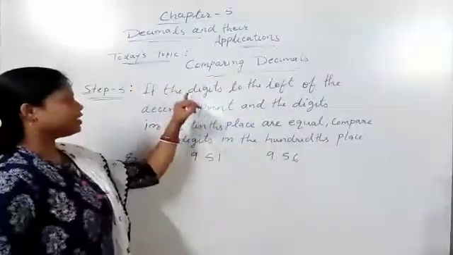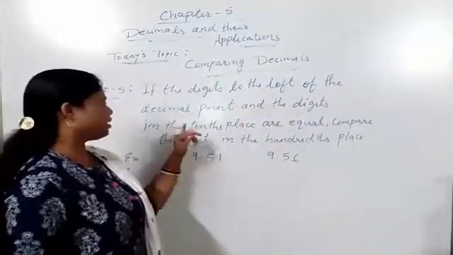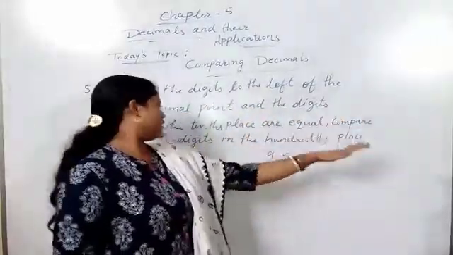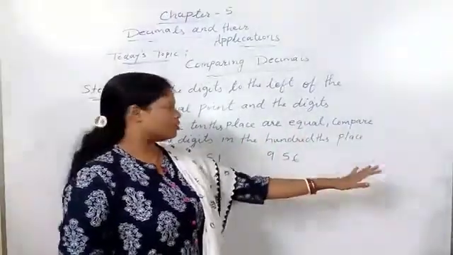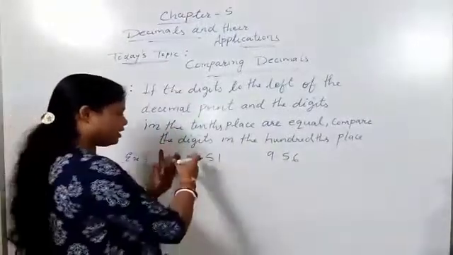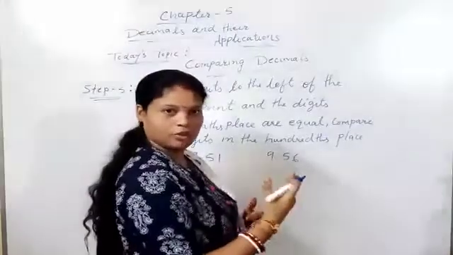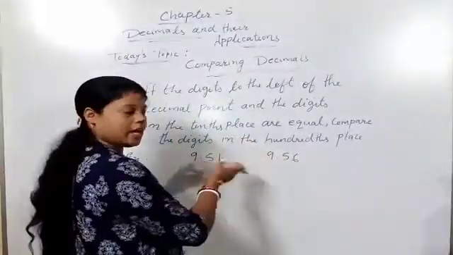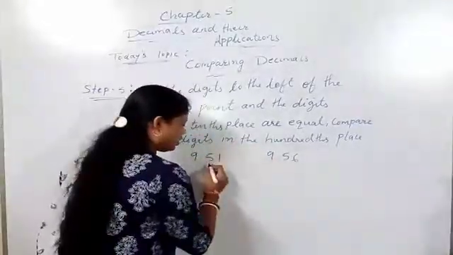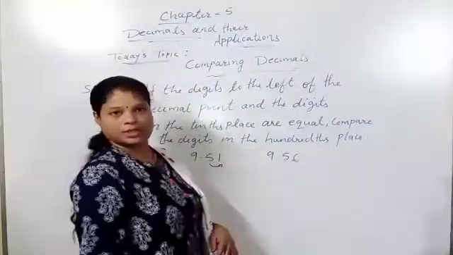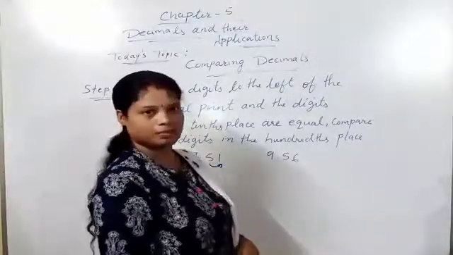Now we'll see the third step. If the digits to the left of the decimal point and the digit in the tenths place are equal, compare the digits in the hundredths place. What is the meaning of this? If the digits before the decimal are both equal, we move to the tenths place. If both are equal again, then we jump to the hundredths place.